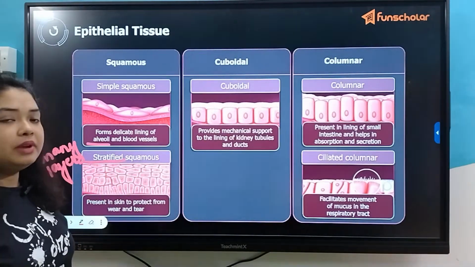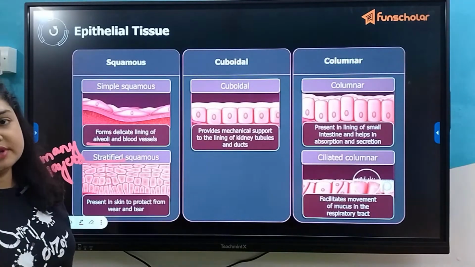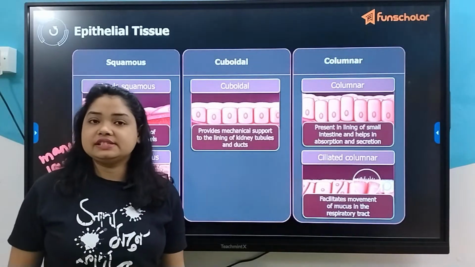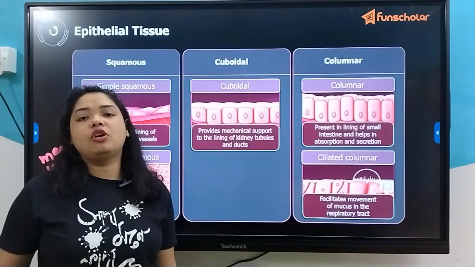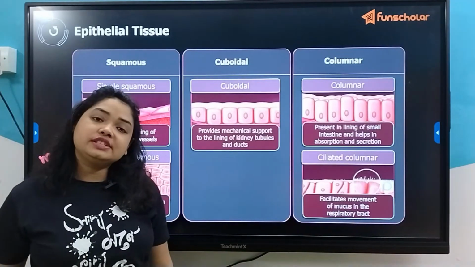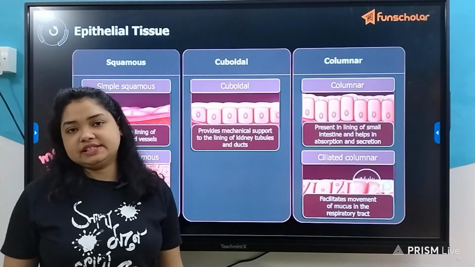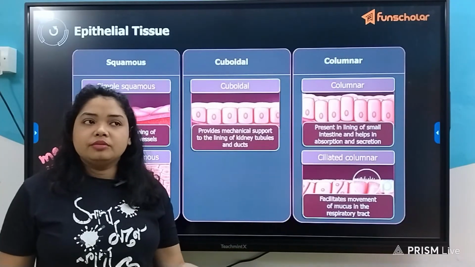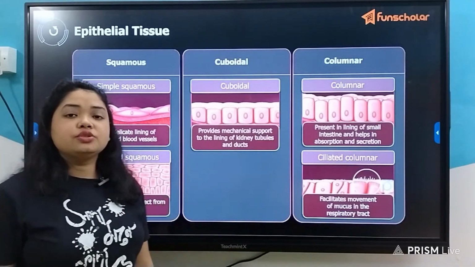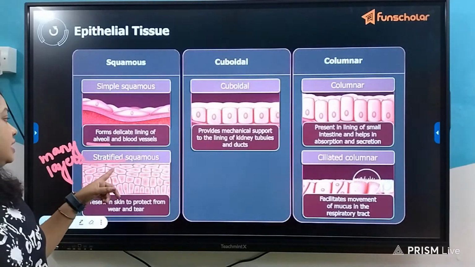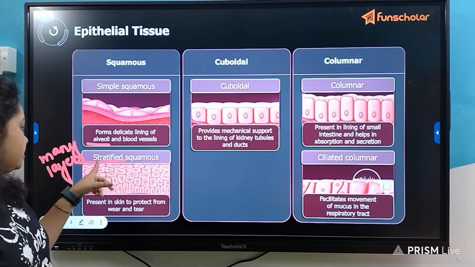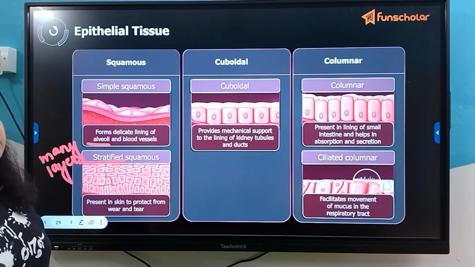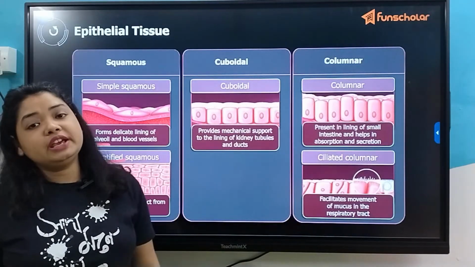Similarly, in the case of blood vessels, particularly the capillaries, again the exchange of gases and that of nutrients and waste products takes place in every cell of our body. So now again, if the capillaries are lined by the stratified squamous epithelium, this exchange will be hampered.